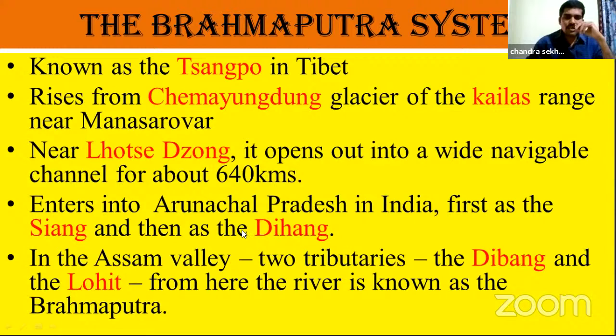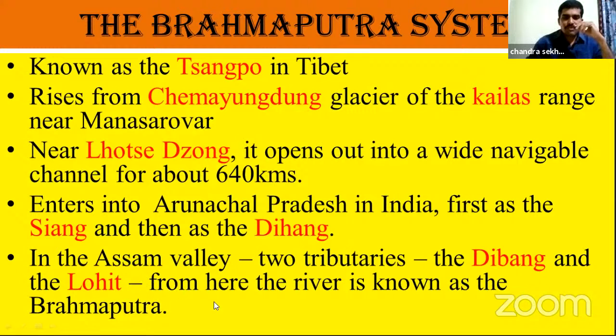So these are the two names of the Brahmaputra river in the Arunachal Pradesh region. In the Assam Valley, in Assam state, two tributaries join the Brahmaputra river. The two tributaries of Brahmaputra are Dibang and Lohit.